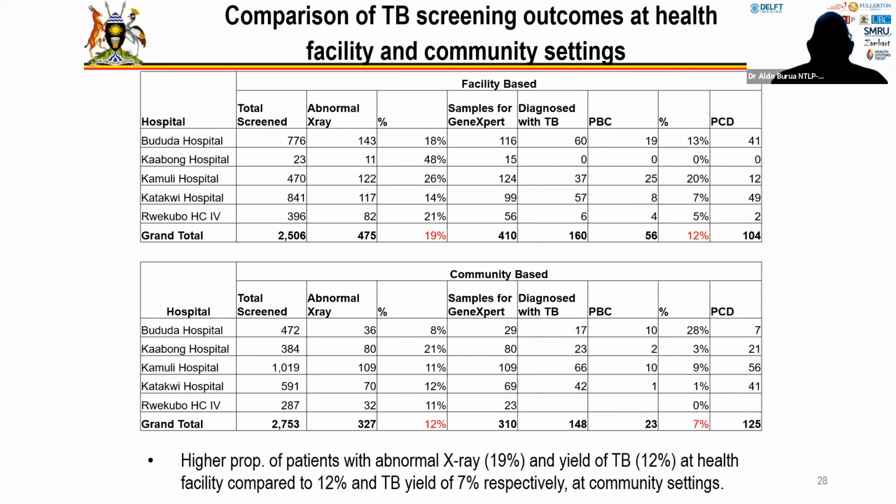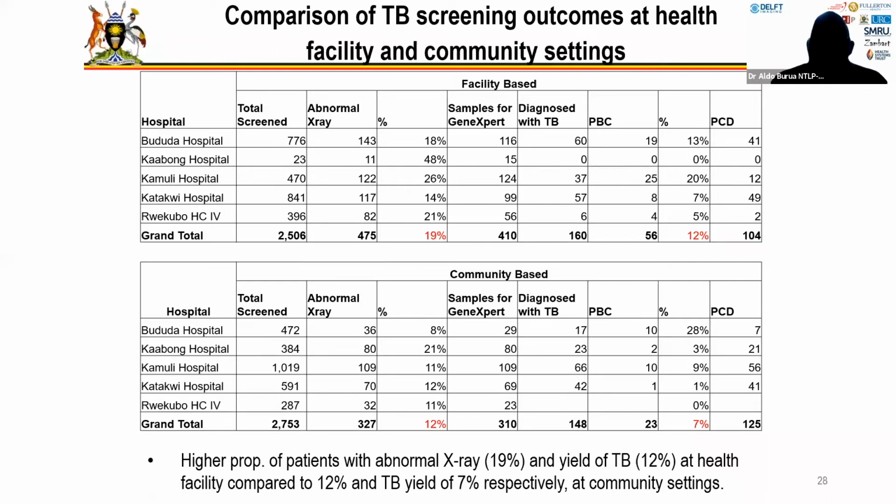So this data is just to show you a comparison of TB screening outcomes at the health facility and the community settings. The initial data I showed you of 5,000 people screened, about half of those were screened from the health facility. From the 5 health facilities, we have a total of 2,500 individuals who were screened for TB, and out of those, 19%, which is 475 of them, had a suggestive X-ray, and 410 of them had their samples examined with GeneXpert, and 160 TB patients were diagnosed.